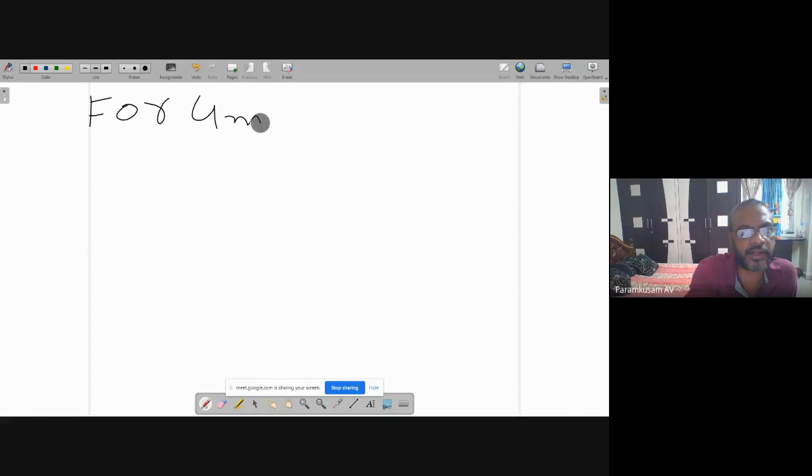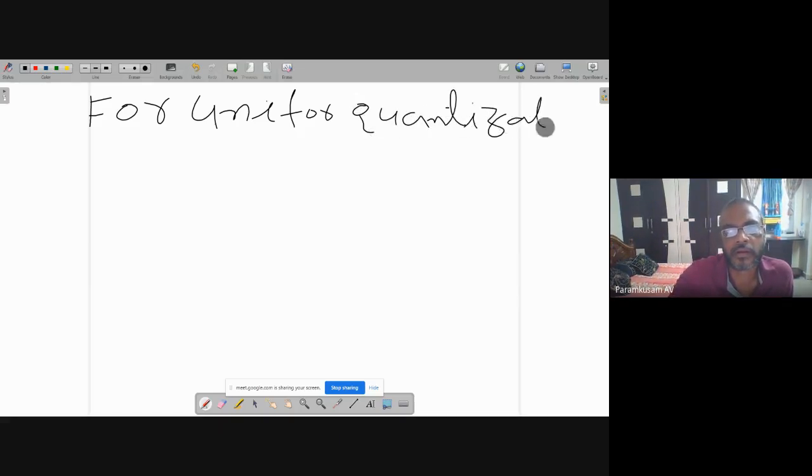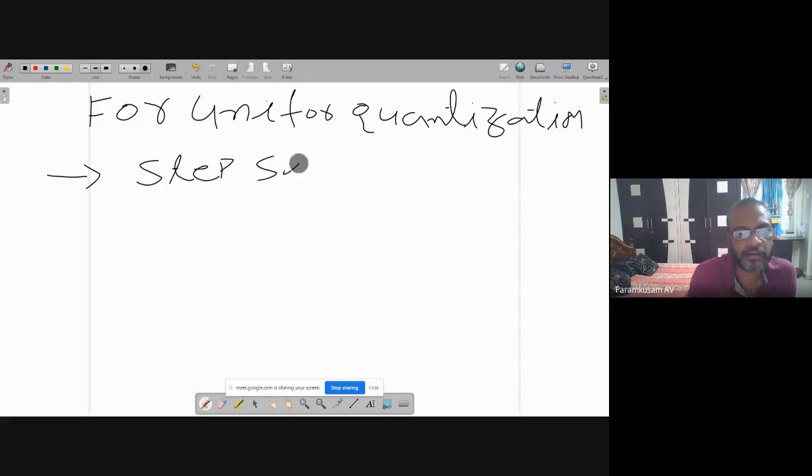So for uniform quantization, what happens? The first point is the step size is the same for the entire range of the signal.